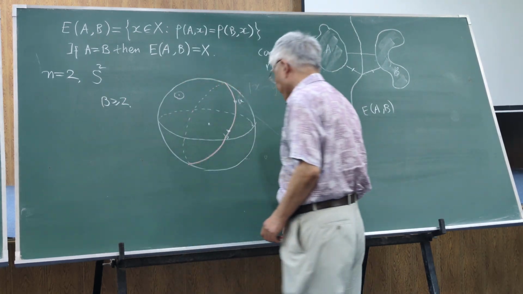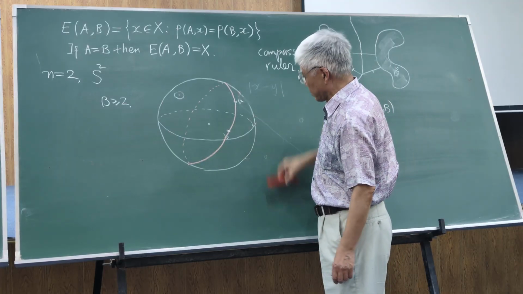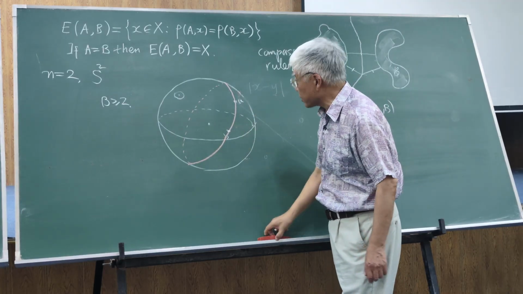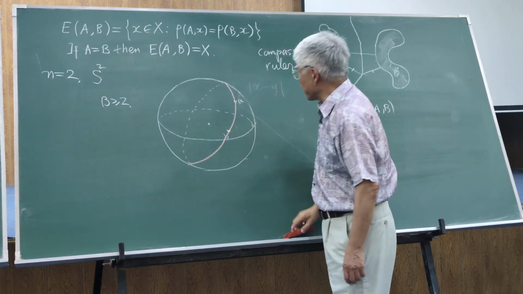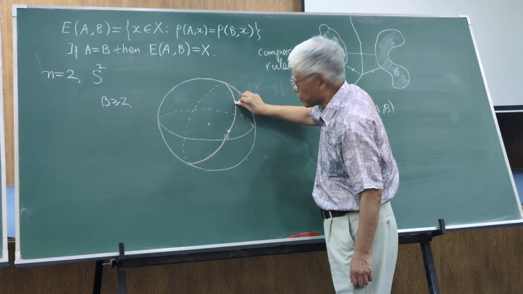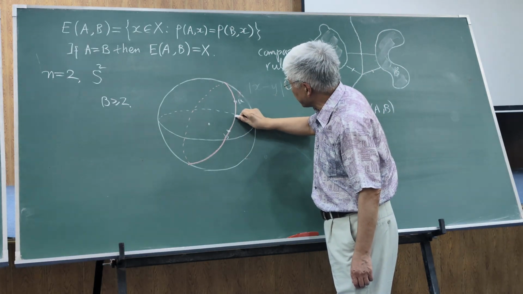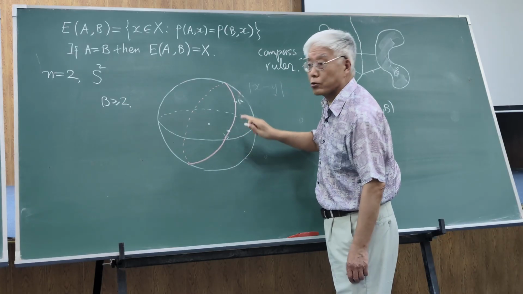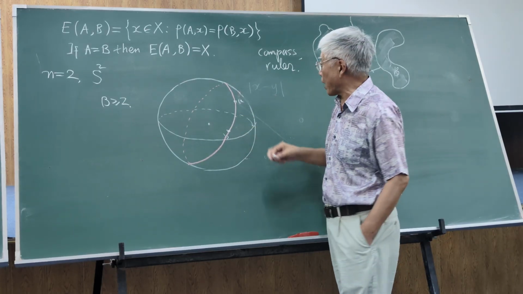Can it be 2? Let us take these 2 points. Then what happens? There is a middle point of this segment, this arc, and through that middle point, there is a unique great circle passing through it.